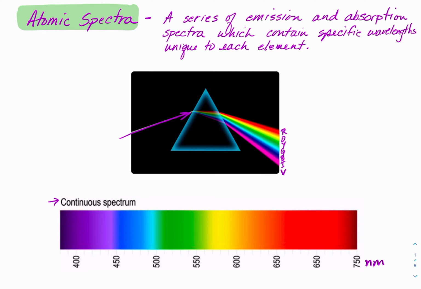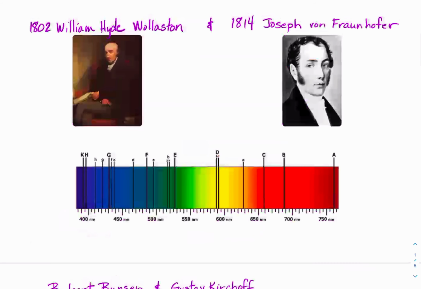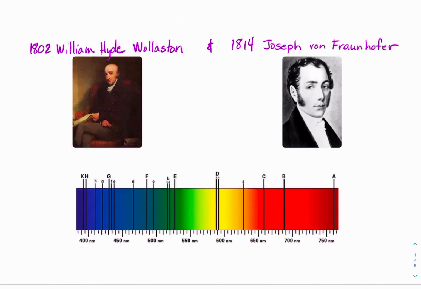But something very interesting happened in the early 1800s. Two scientists, William Hyde Wollaston and Joseph von Fraunhofer, in 1802 and 1814, started looking at sunlight, or solar light, using a particular prism and spreading apart the various visible wavelengths of light in that visible spectrum.